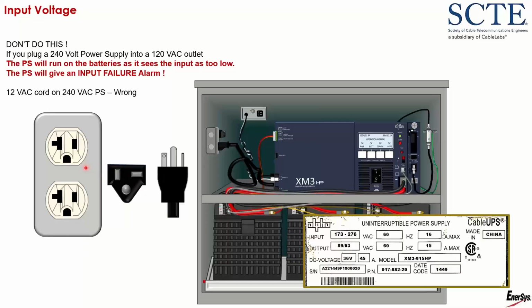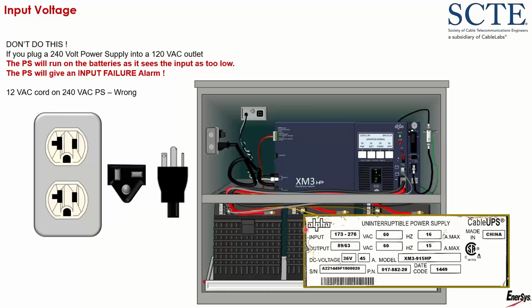Now, what's going to happen when you do that is you're going to get an input failure alarm, because remember, this power supply is looking for a minimum of 173 volts, and you're only giving it 120. So it's going to believe that there was a failure of the input. Also, if you have the batteries connected to this power supply and they are good, it is going to switch to the batteries, because remember when I told you that the input is too low coming in, the brain, which is powered by the batteries, is going to switch the power supply from running on commercial power to running on the batteries.